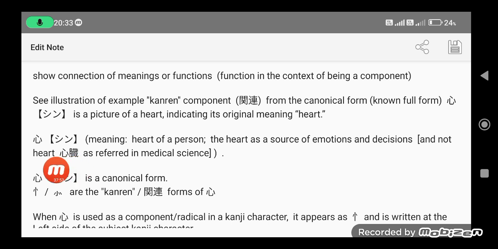The heart being part of a human body or in anatomy is called shinzo. But if you mean the heart being used in decision making of a person, or has something to do with emotions, it's called kokoro or shin. But if you talk about medical science or anatomy, you should not use kokoro, you should use shinzo.